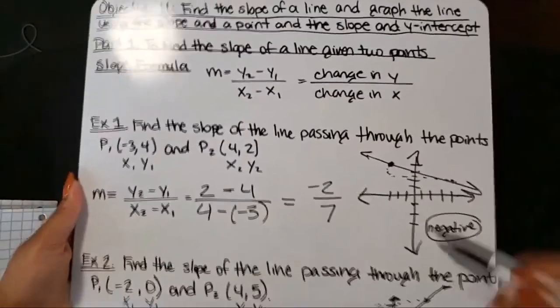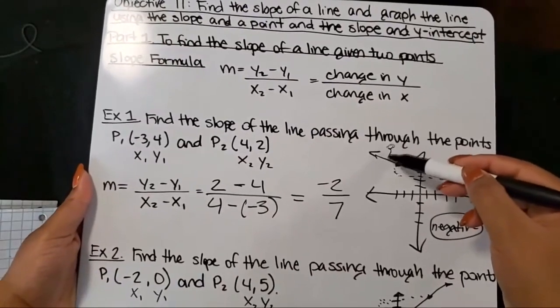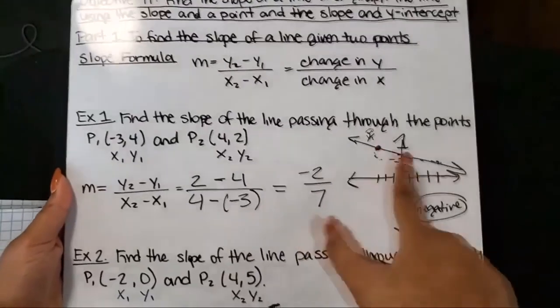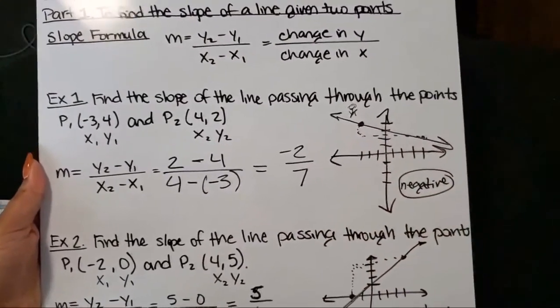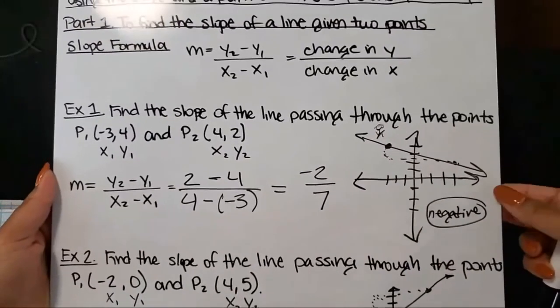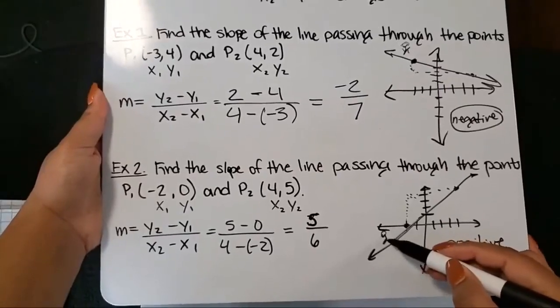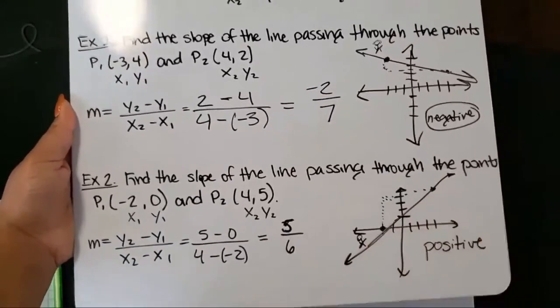And thinking about the ground, imagine if you were standing up here, right? And you were looking in this direction, it will slope down, right? So this is negative. If you are standing here, the slope will be going up, kind of like a ramp.